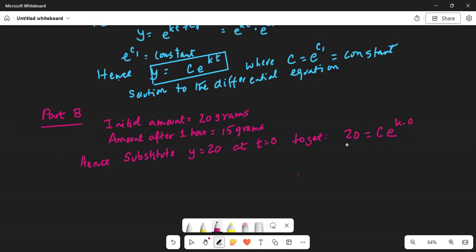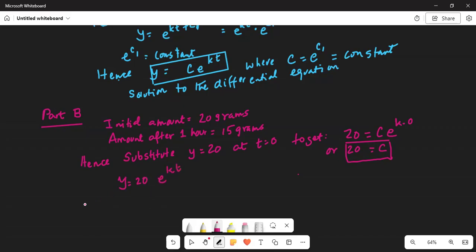Or 20 is equal to c. That's an important finding, that the constant is equal to 20. Now plug it back. So you get y is equal to 20 e to the power of kt.